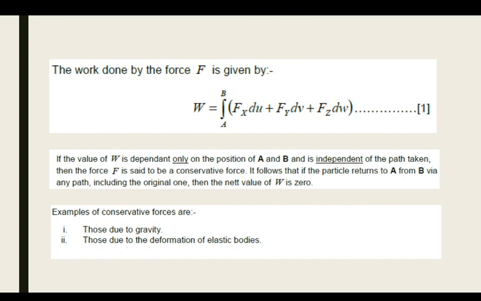So if you move the point from point A to point B in any path, the net value of W will be the same. And if you move from point A to point B and then return from point B to point A, the net value of W is 0.